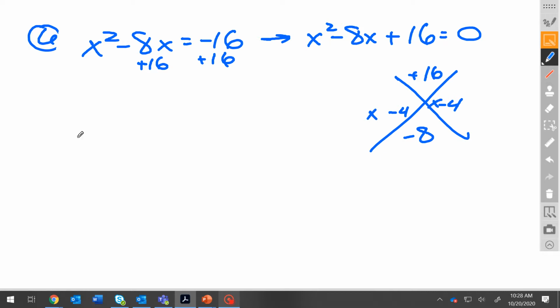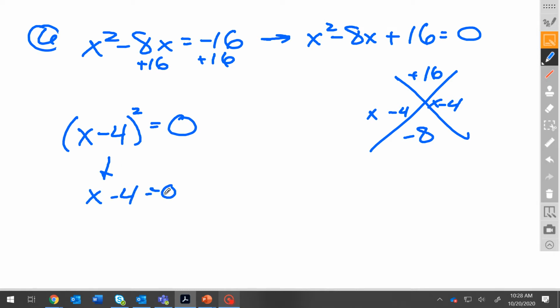So my two factors would be x minus 4 and x minus 4, or just x minus 4 squared equals 0. So I can just set this factor equal to 0, x minus 4 equals 0. It's the same thing as taking square root on both sides, it's kind of the same idea. So my solution must be 4. Only has one solution.